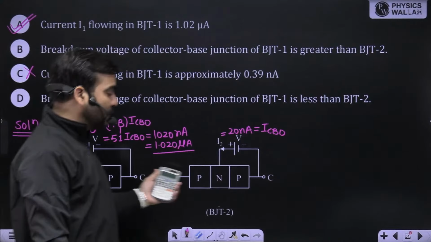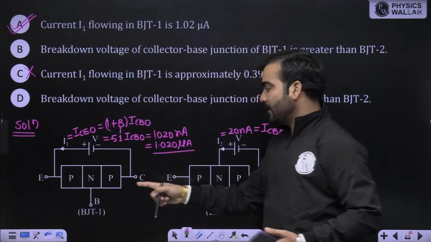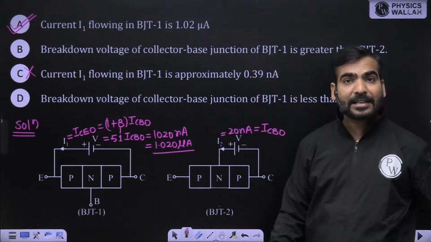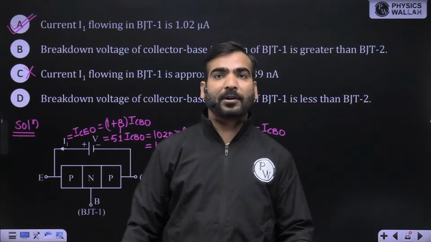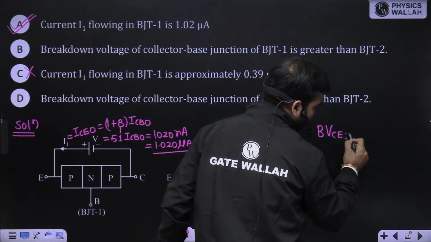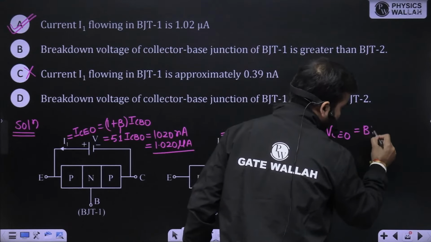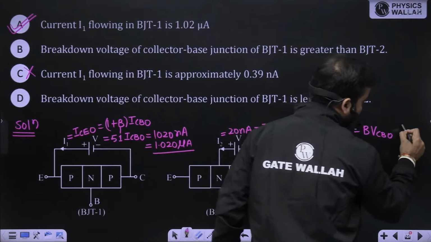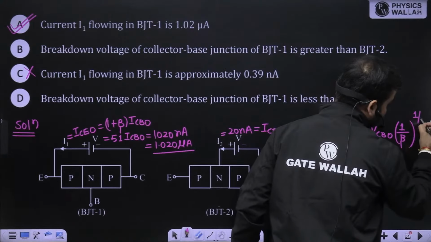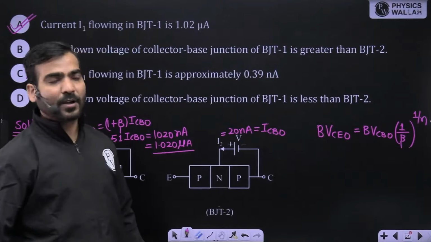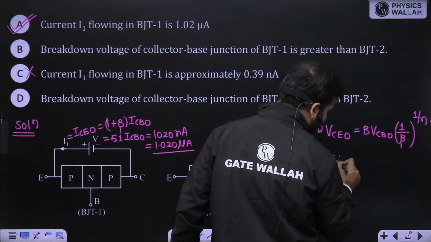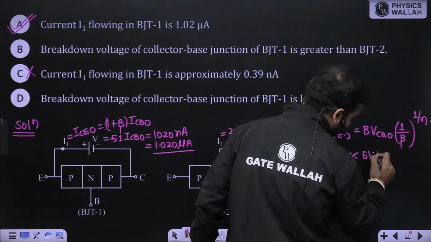Now, this is emitter left open, this is base left open. So we have to think about the breakdown voltage when the emitter is left open and when the base is left open. You know very well, BVCEO is equal to BVCBO into 1 upon beta to the power 1 by n, some empirical constant. It is not eta. From here we know very well that BVCEO is much less than BVCBO.